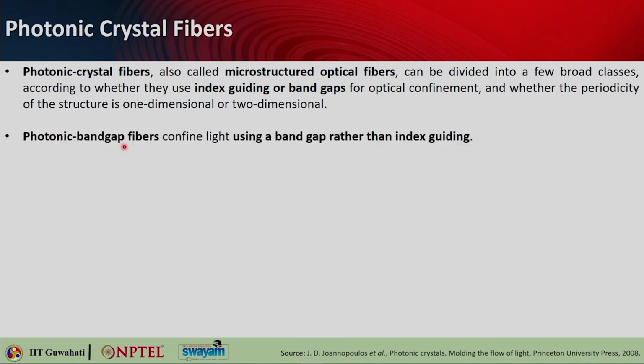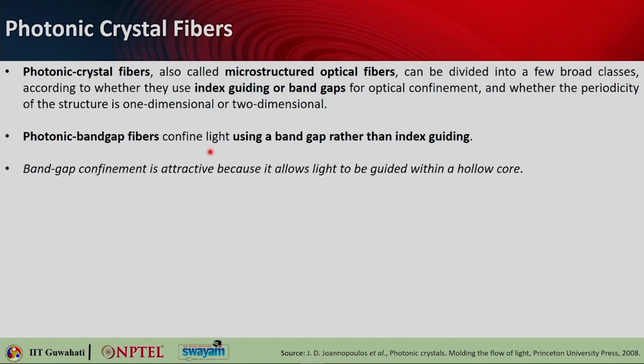So first, photonic band gap fibers confine light using a band gap rather than index guiding. And band gap confinement is very attractive because it allows light to be guided within a hollow core. So the attenuation will not be there.